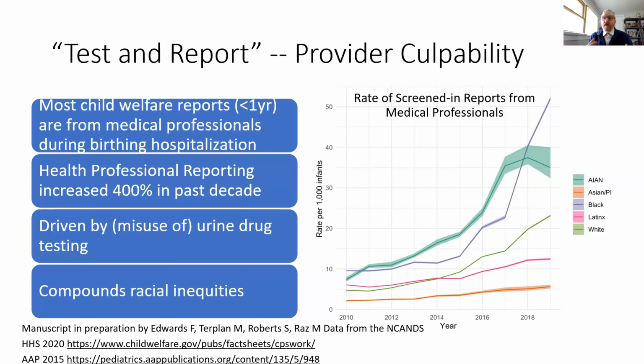And it is compounding existing racial inequities. These are unpublished data here on the right, looking at the infant race that were screened in by child welfare over the past decade. And you can see an enormous rise of both American Indian infants and Black infants in this time frame.